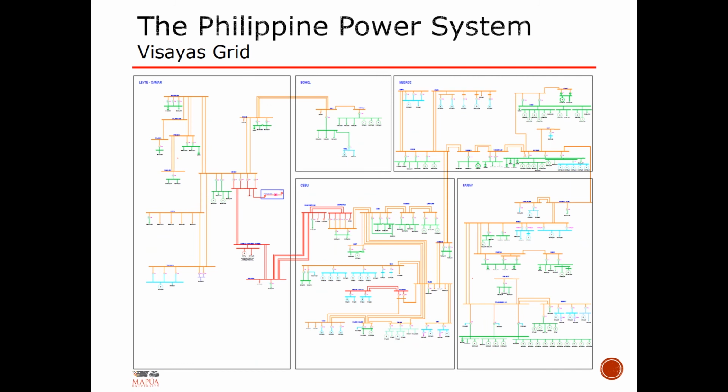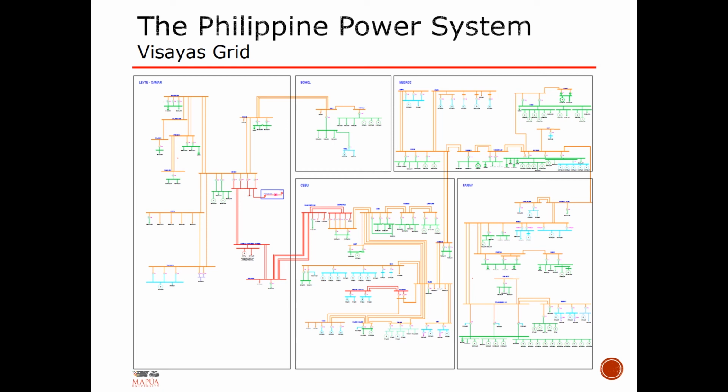The Visayas Grid is composed of 5 major islands. The major islands are Leyte, Samar, Cebu, Negros, Bohol, and Panay, and they're all interconnected by AC submarine cables, and they are right now radially connected.